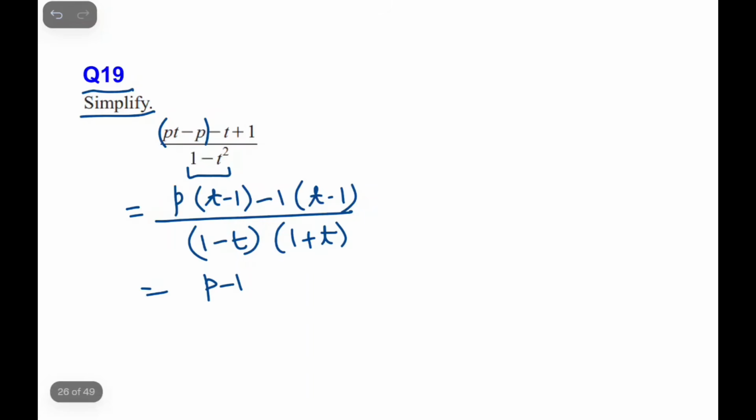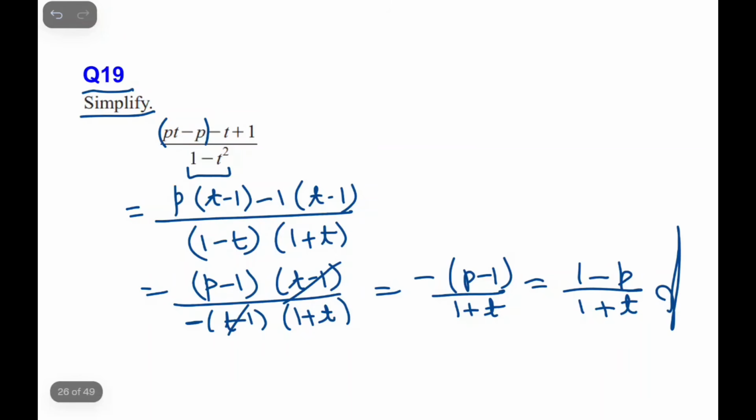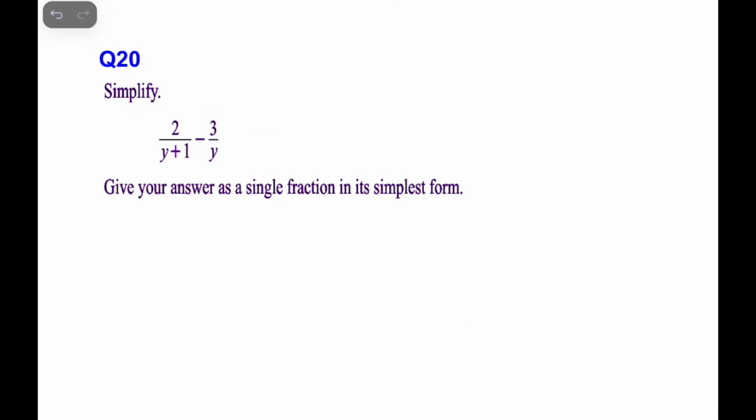So we get p minus 1 times t minus 1 upon. Now 1 minus t can be written as minus times t minus 1, times 1 plus t. This cancels, we are left with minus p minus 1 upon 1 plus t. Further it can be written as 1 minus p upon 1 plus t.